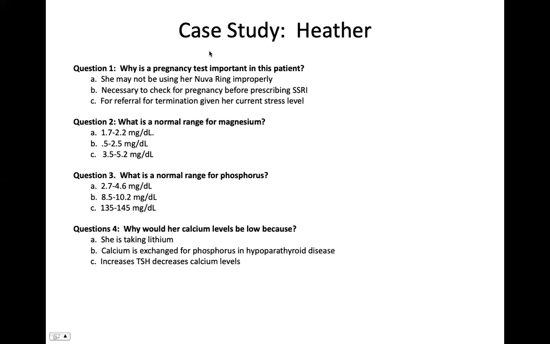But here's the other thing that happened. In November, she went off the deep end because she decided to go off her hormones with her NuvaRing, right? The endocrinologist was decreasing her thyroid, her Synthroid, because she thought her TSH was too low.